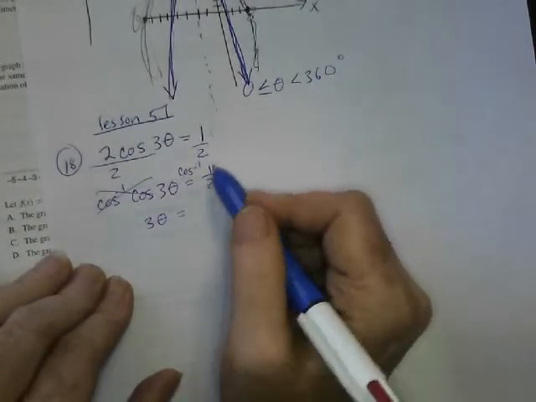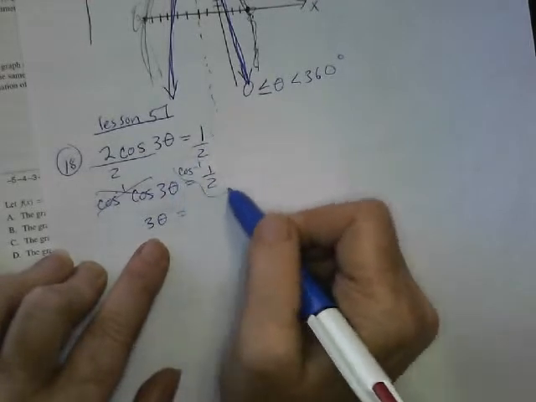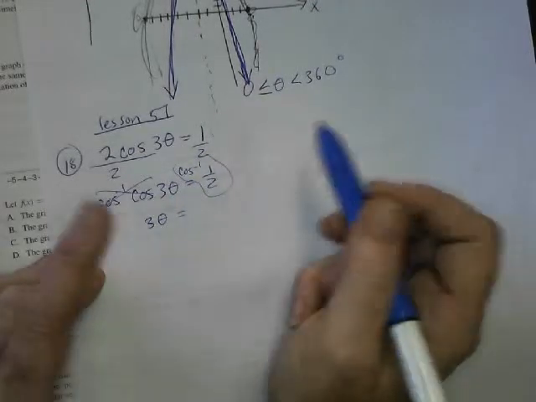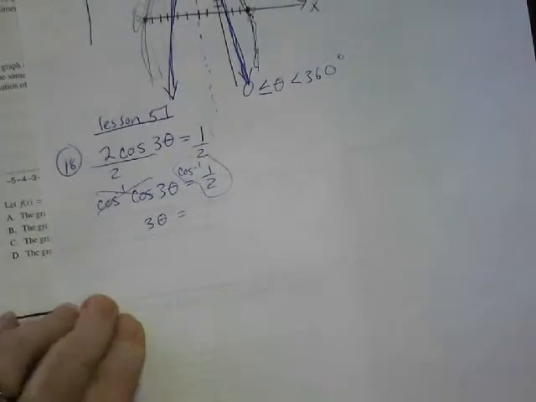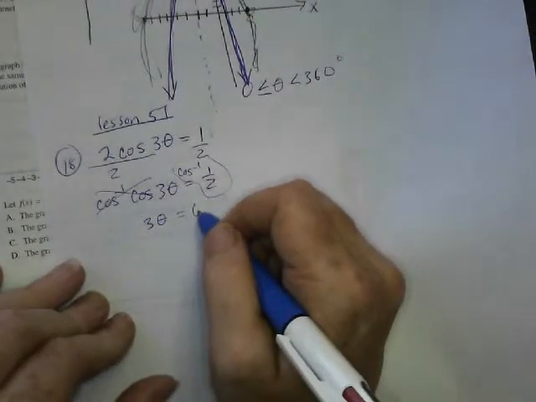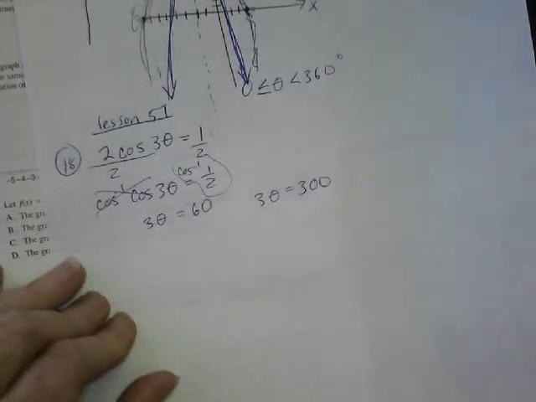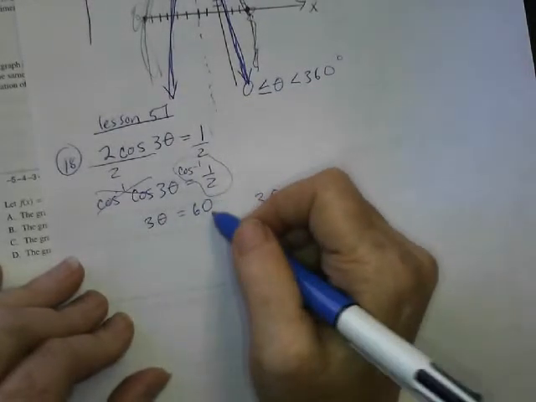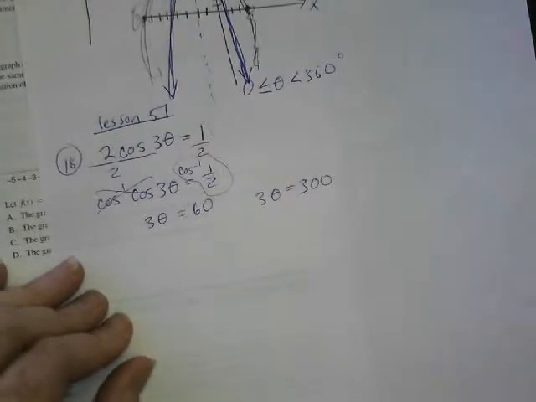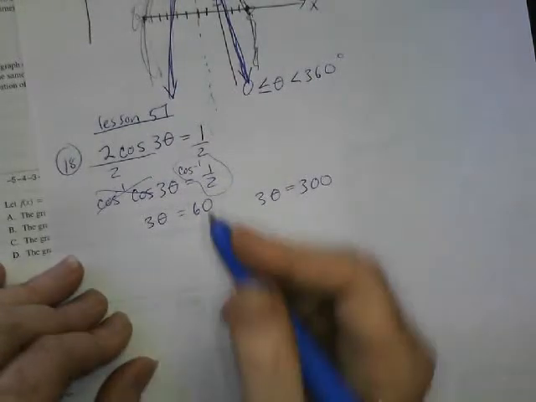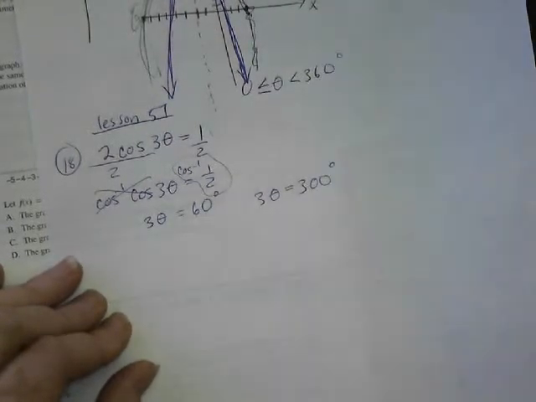And 3 theta ends up being, what is the angle where cosine is a half? So, oh, is it 60? Okay. And 3 theta equals 300. Okay, so you got that either by looking at your unit circle, or you did some triangles, or you have it memorized. So there they are.